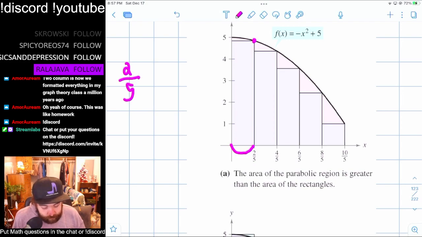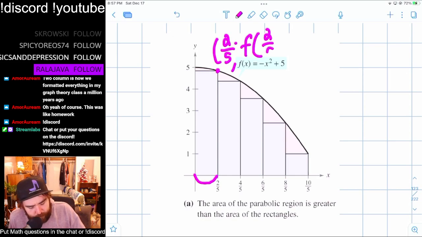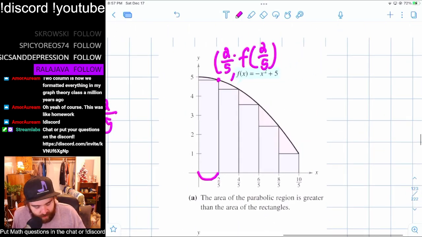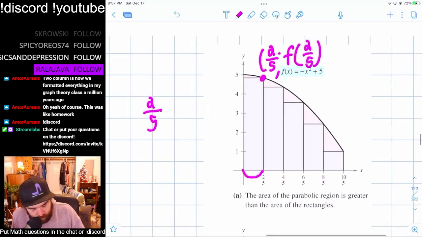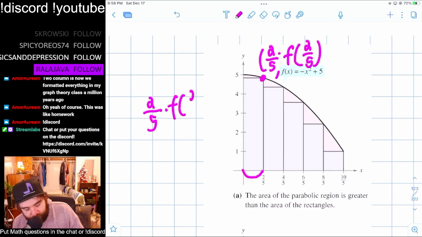How do you get that y value? Notice that that is just a point on the graph when x equals 2/5. So to get the y value, that's just f of 2/5, because that's the height of the rectangle there. So the width is 2/5, the height is f of 2/5.